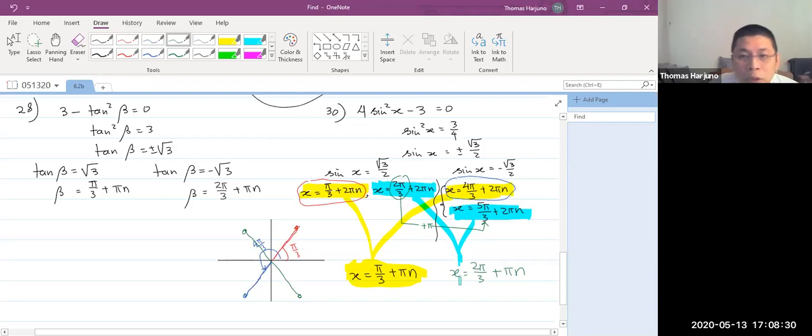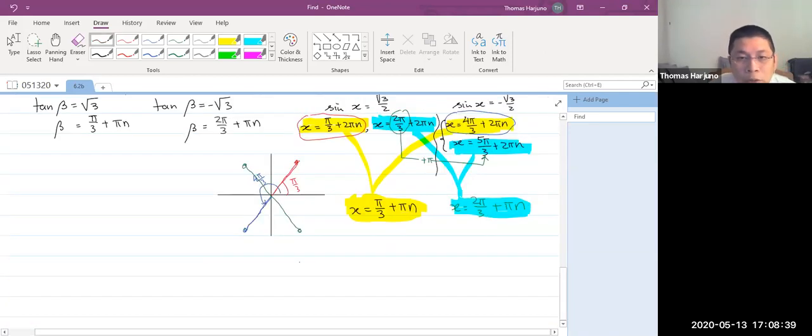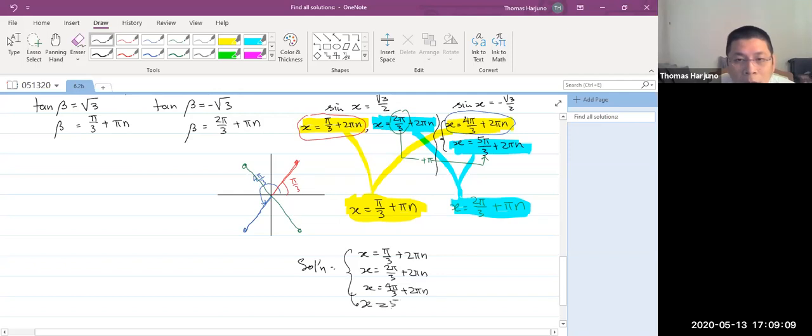So you will see if you have 4 solutions on the top, if you write your solution as x equals pi over 3 plus 2 pi n, x equals 2 pi over 3 plus 2 pi n, x equals 4 pi over 3 plus 2 pi n, x equals 5 pi over 3 plus 2 pi n, I will fully accept that.